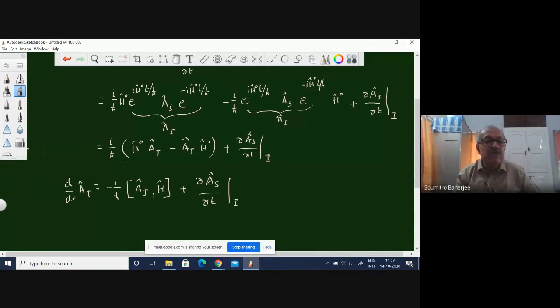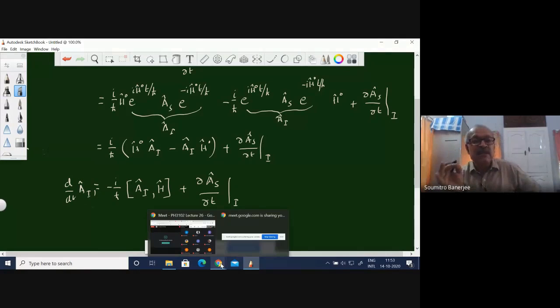We only have to use the operator in the interaction picture. Effectively, the interaction picture is sort of an intermediate between the Schrodinger picture and the Heisenberg picture. And this will prove to be more useful in many applications next year. This year we will not use it. This is sort of a prerequisite for something that comes later.